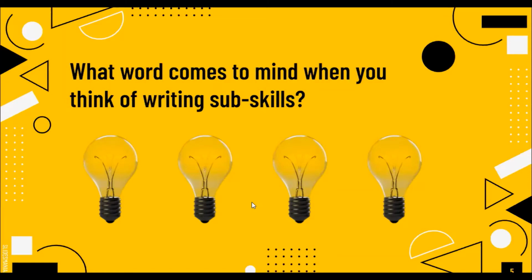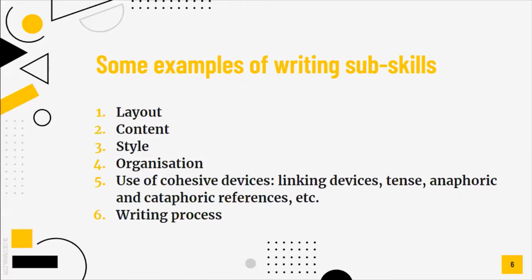Now here I'm going to show you a list of different subskills that are related specifically to writing. I think that framework fits in one of the categories that we will present afterwards. Please, Mika. For example, as Paula mentioned, maybe layout is related to this framework.